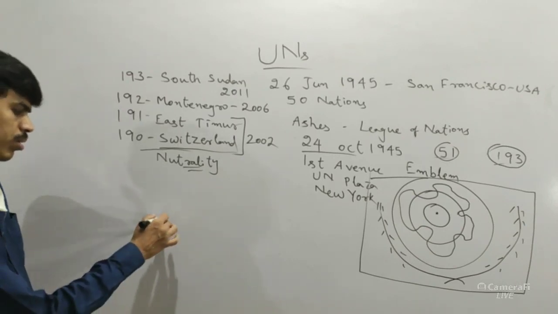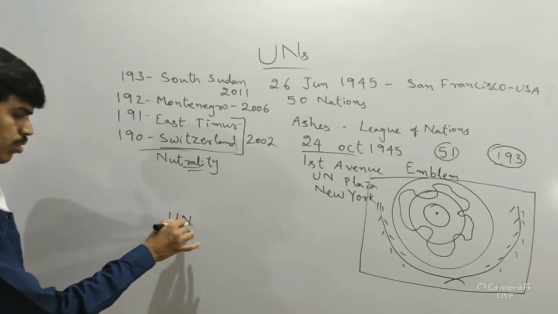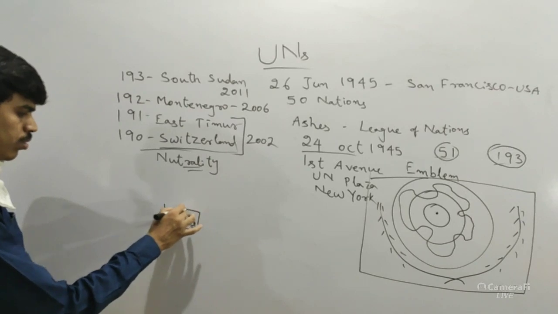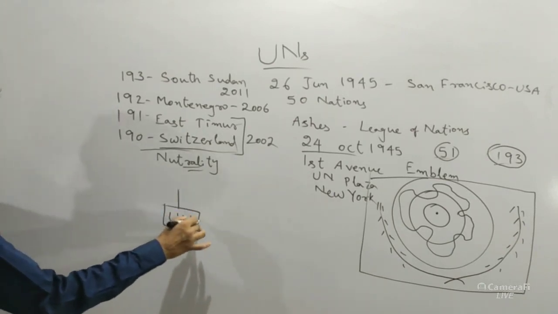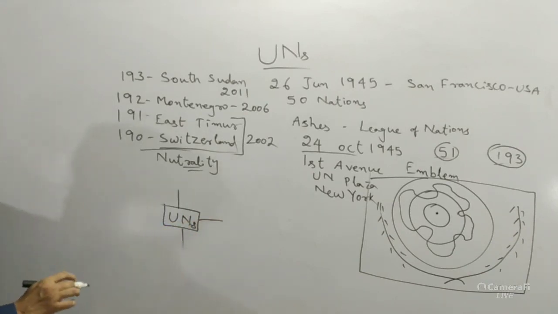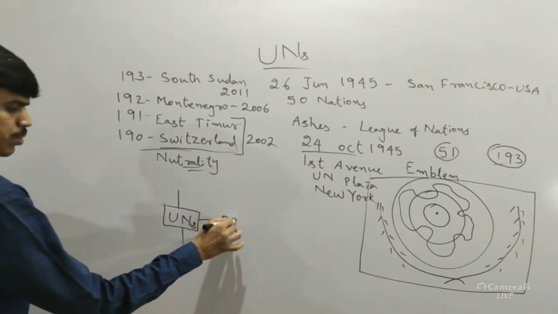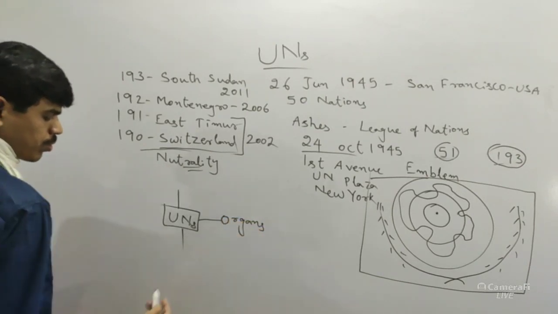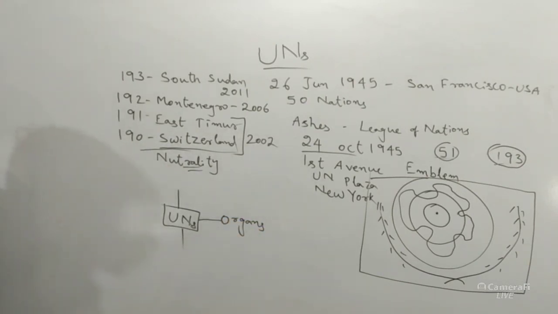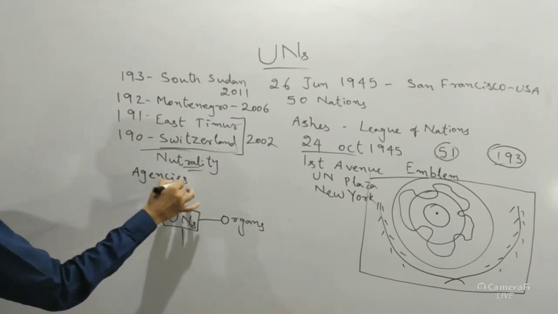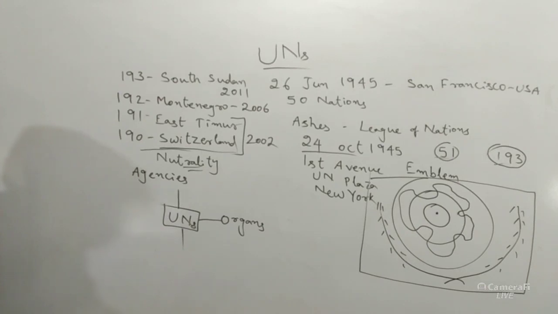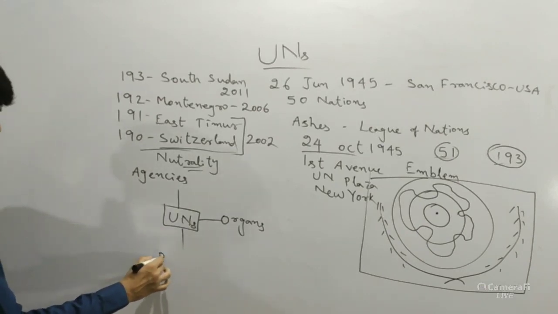Next, the United Nations organization is divided into different categories: its organs, UN agencies, and UN programs.